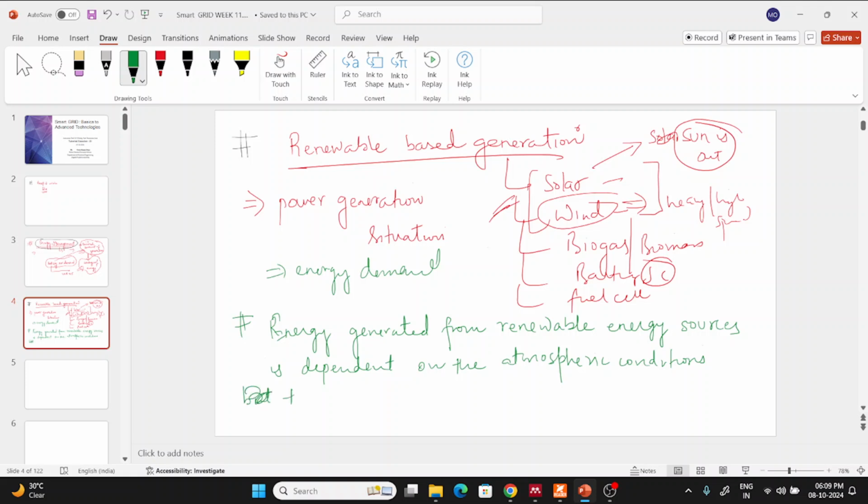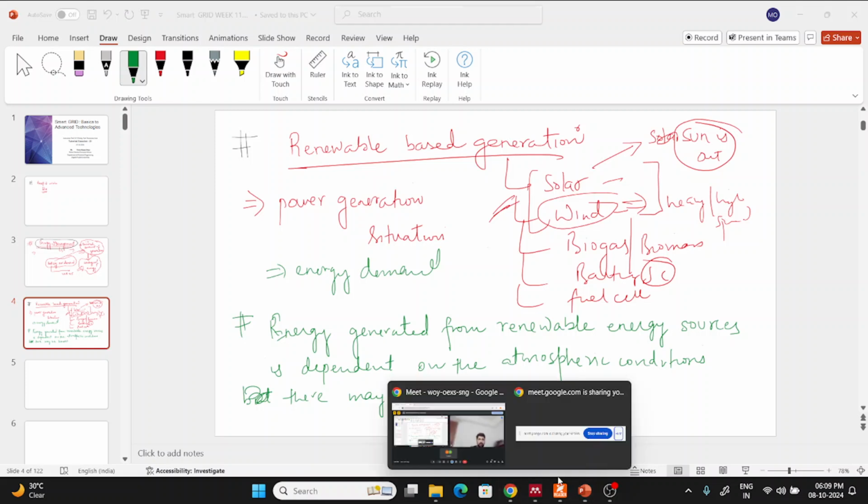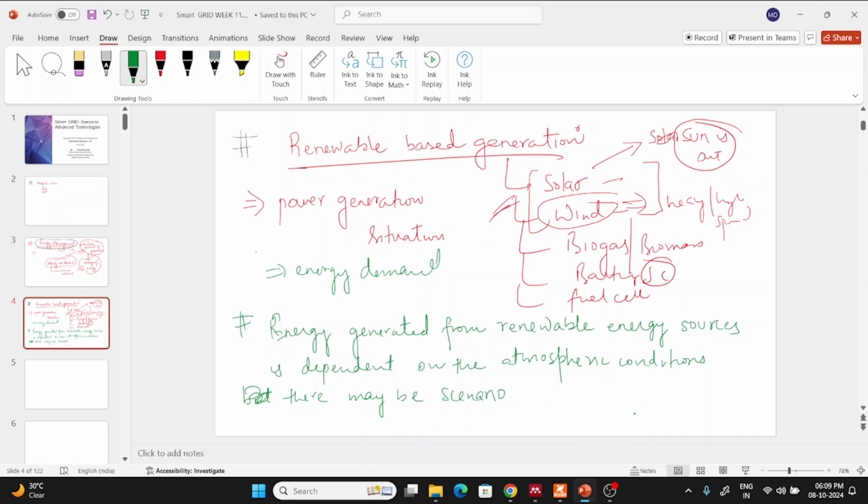But there may be a scenario when these generations of energy may or may not coincide with the demand.